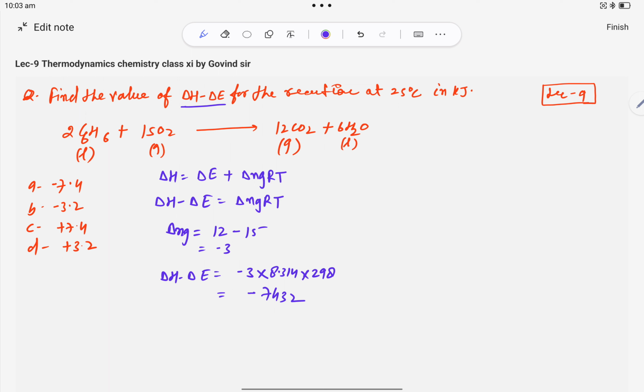That value is coming in joule, and we have to convert it into kilojoule, so divide by 1000. So what will it be? Minus 7.4. So which answer will be correct? Minus 7.4 is the correct answer. This is question number 1. Is there any problem? No. Now question number 2.